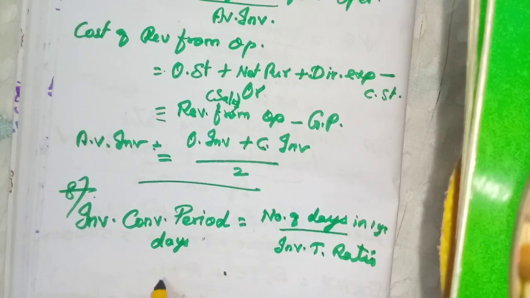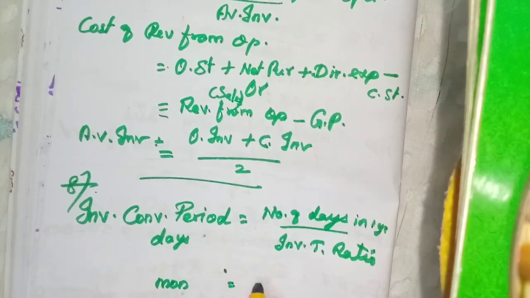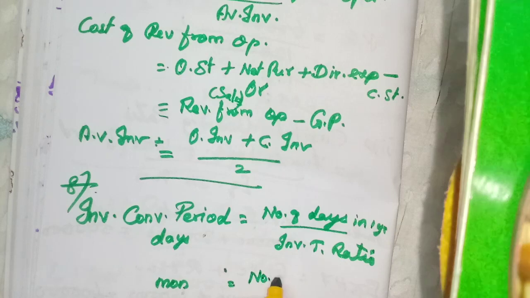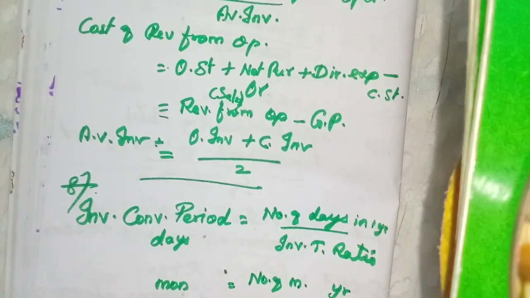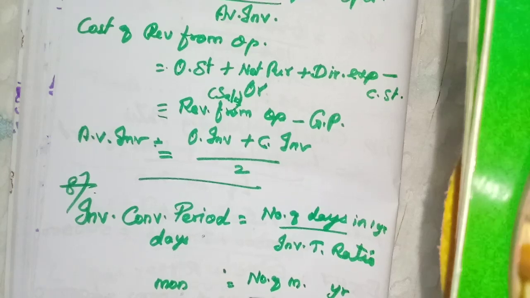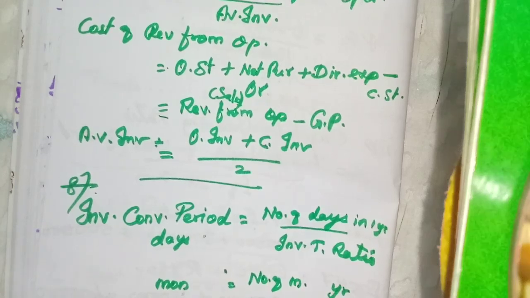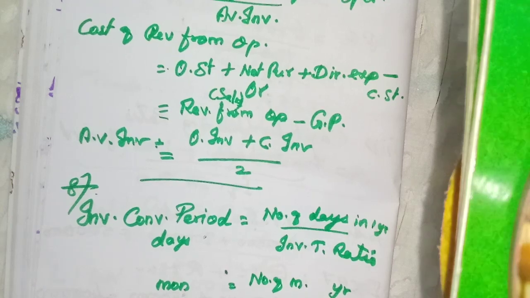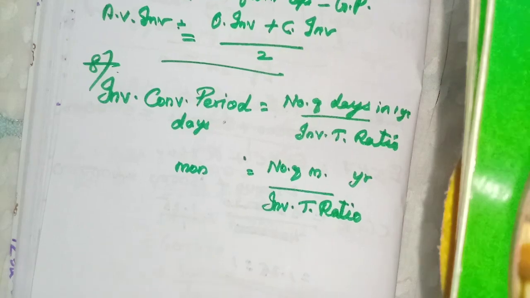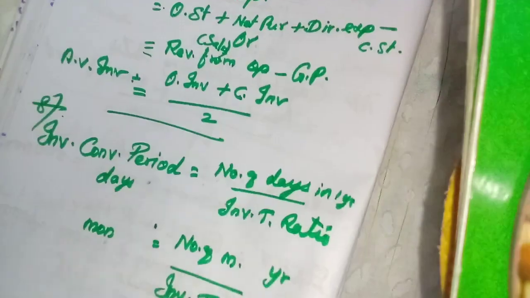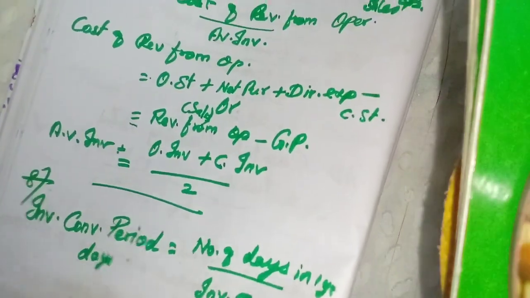If it is in month, number of months in a year divided by inventory turnover ratio. Okay, now we will calculate the problem.